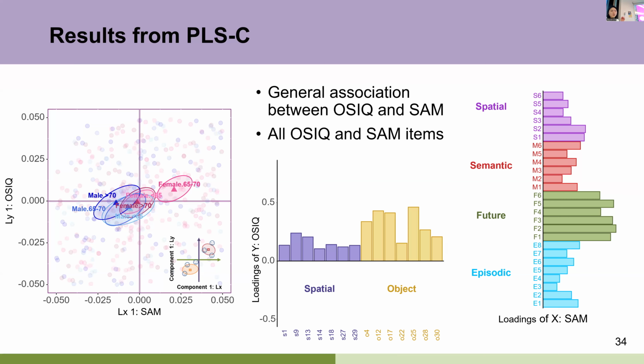Okay, I have a question for you. Do you find this extracting general association weird? Like, I know people that perform well here will perform well here as well. I probably don't need PLS to tell me that. Right.